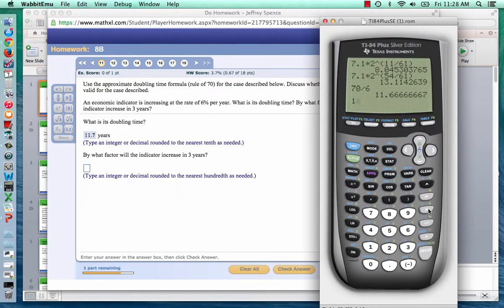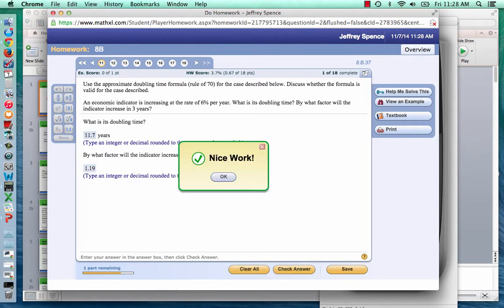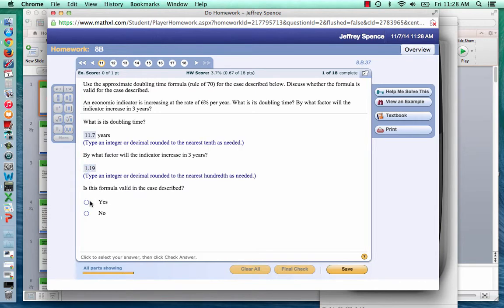So 1 times 2, using the formula, we're doubling, to the, and how many years? 3 years. So 3 divided by the doubling time of 11.7. And this will tell us how much it's grown by. It will grow by a factor of 1.19, to the nearest hundredth. Is this formula valid? The answer is yes, because we're growing by 6% per year.